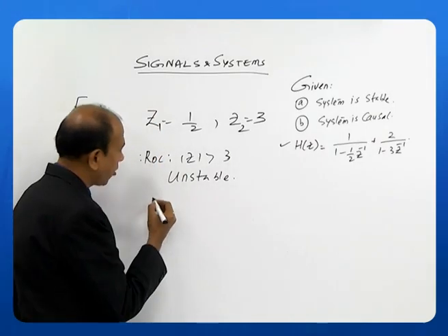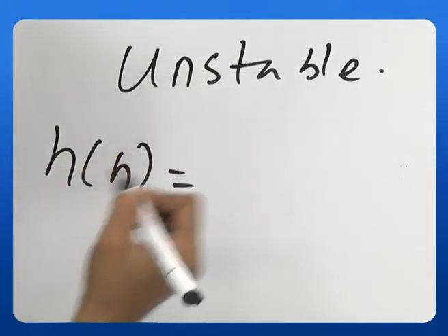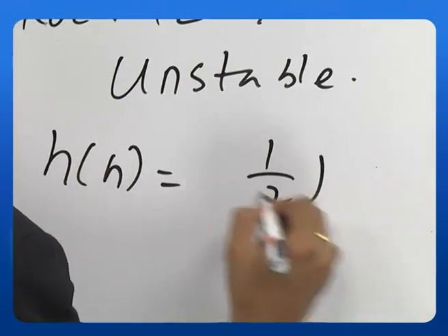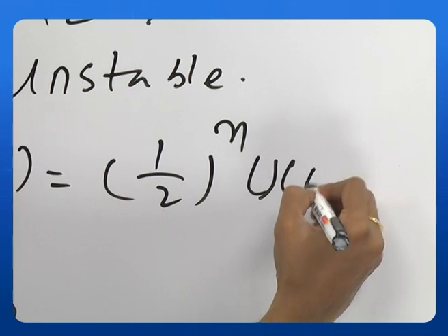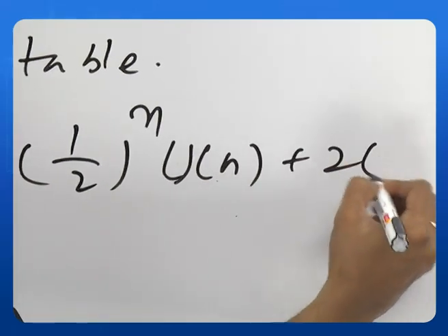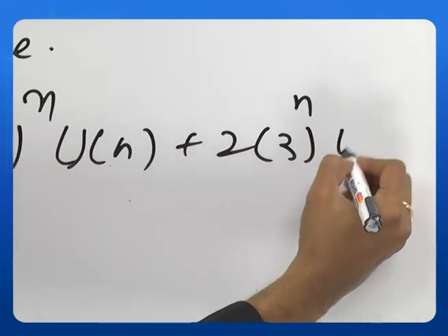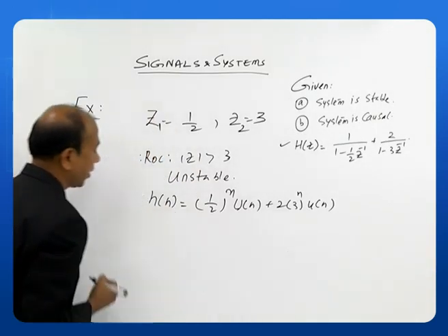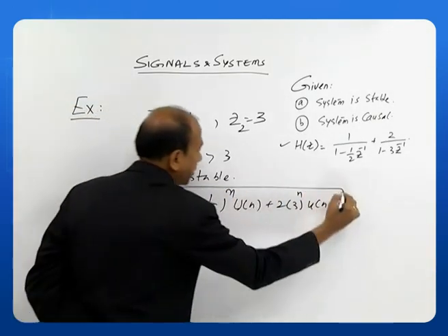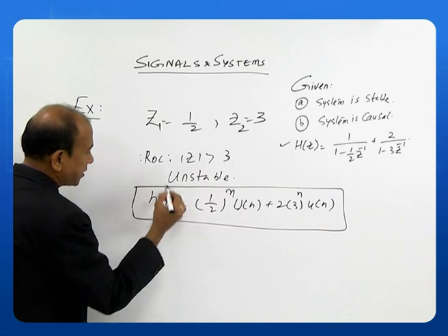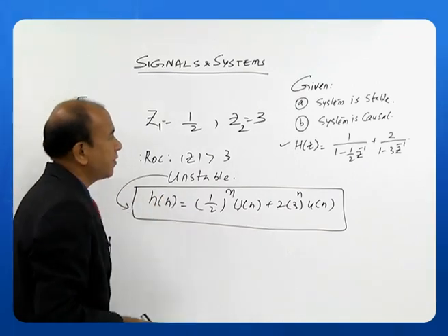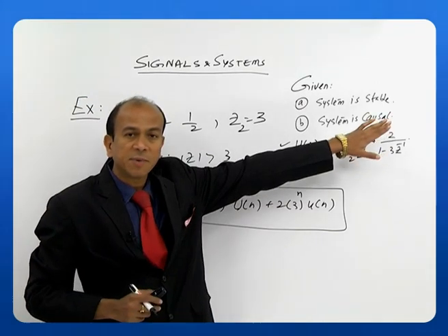Because it is causal, I can write h of n as half to the power n u of n plus 2 times 3 to the power n u of n. This is my h of n, and the system is unstable given this condition where the system is causal.